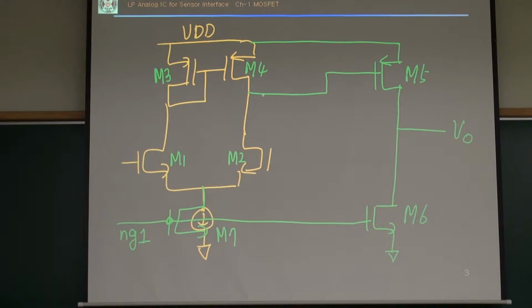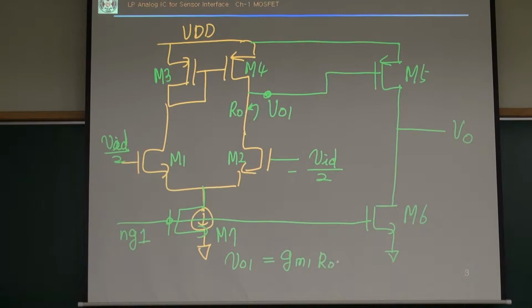This is VO1. For the differential input, my VO1 is only GM1 RO1 times VID. This is RO1.